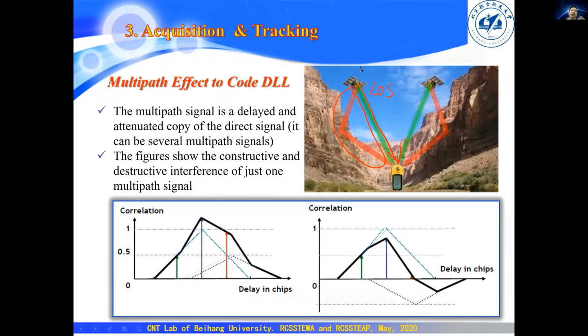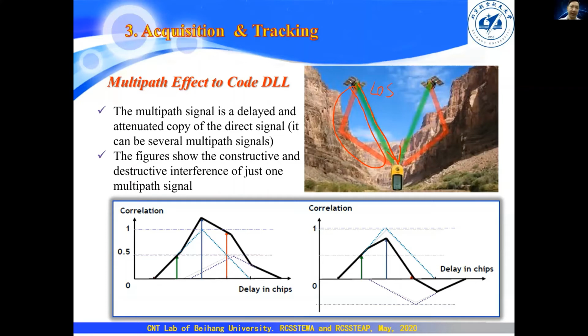So both will finally be sent to the receiver. Then for the receiver, you will find your result is the combination of the two signals.